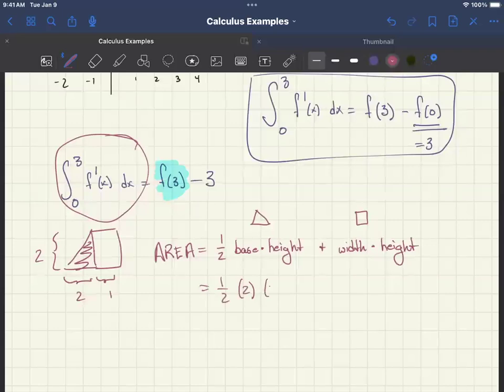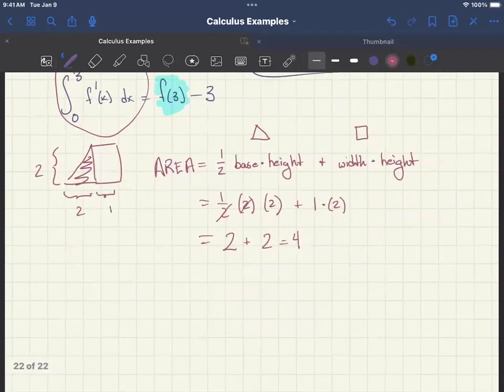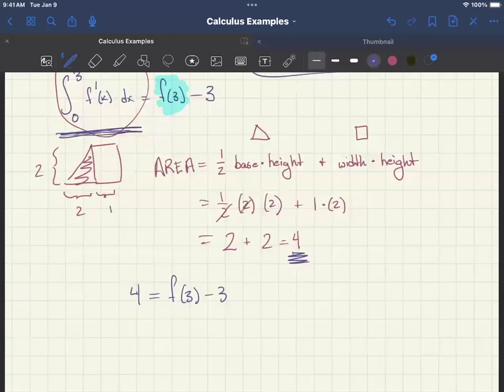We have 1/2 times 2 times 2 plus 1 times 2. So these 2's are going to cancel and we get 2 plus 2, which is 4, which turns our equation into 4 is equal to f of 3 minus 3 because this 4 is the same as that area right there.